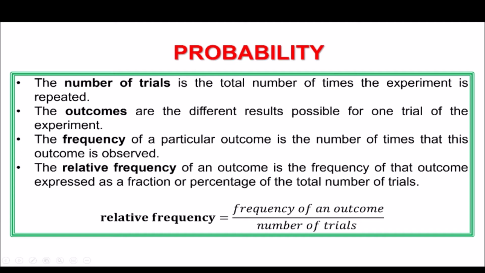The frequency of a particular outcome is the number of times that this outcome is observed, and the relative frequency is the ratio of the frequency of an outcome to the number of trials. The experimental probability is equivalent to the relative frequency of an event.